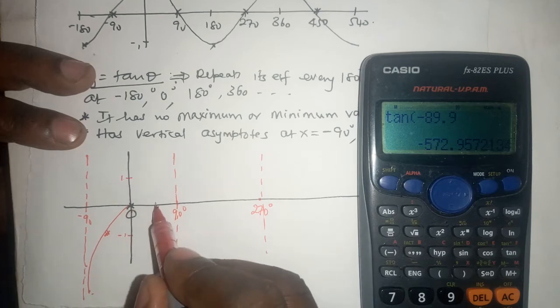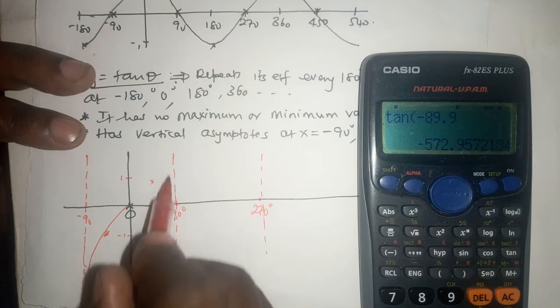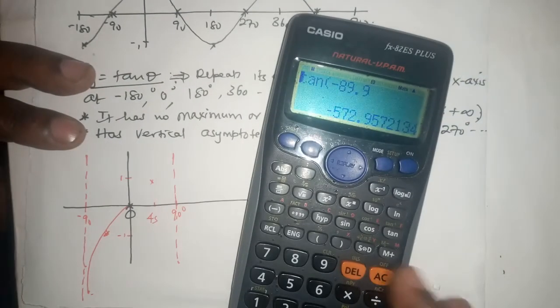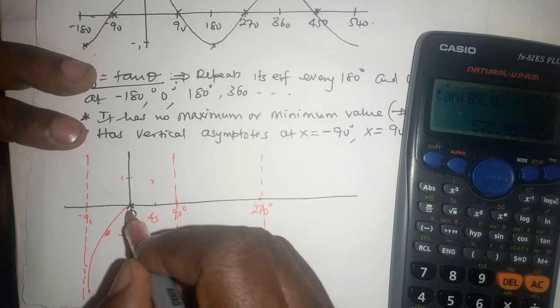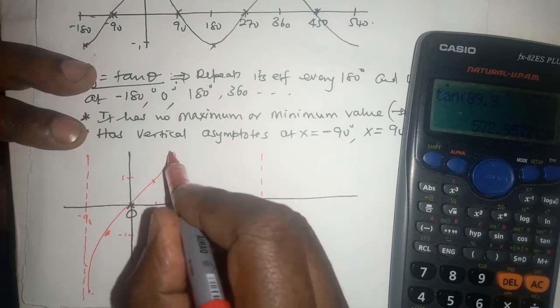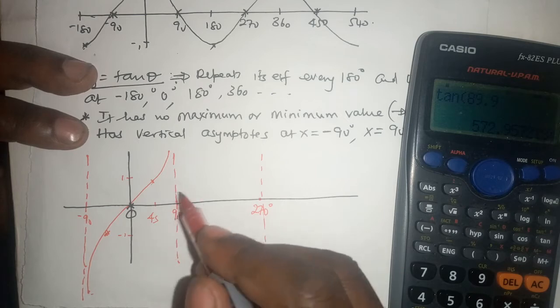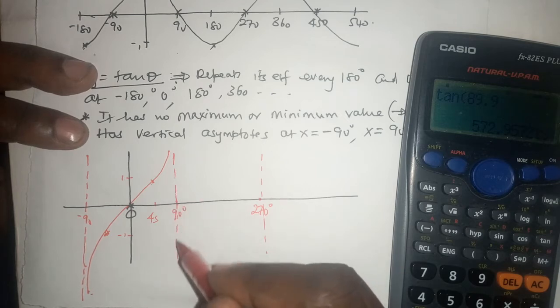Of course, we know the tan of 45 is 1. What about the tan of 89.9? As theta approaches, what is the tan of 89.9 degrees? It's positive 572. It's such a big number that it becomes an asymptote. But let's talk about 91 degrees, just when it crosses over this line.